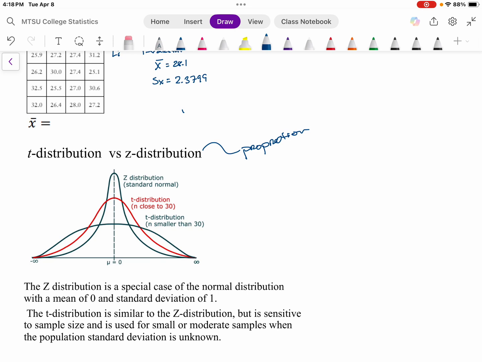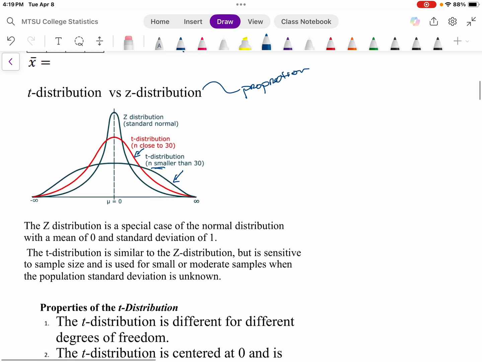The difference is it's based on the counts. The smaller the n value, your sample size, the more of a mound-looking shape we get. As n gets bigger and closer to 30, we get closer and closer to the shape of the z distribution, that nice bell-shaped curve.